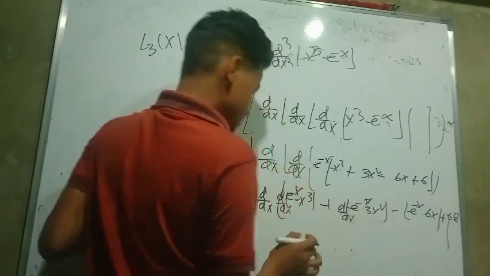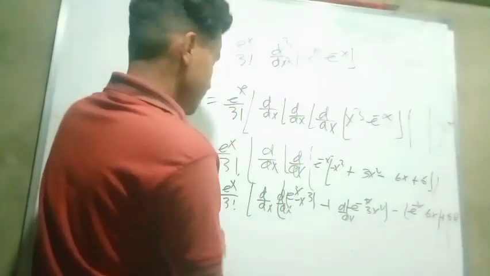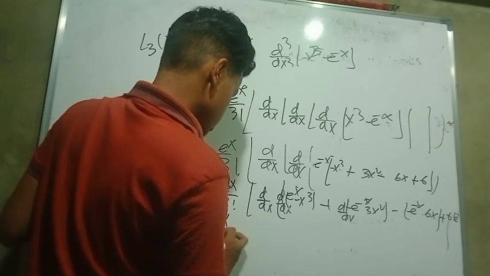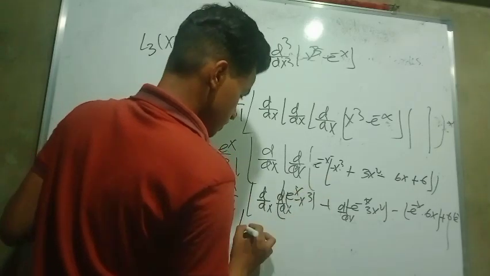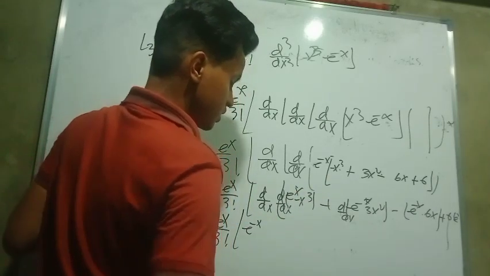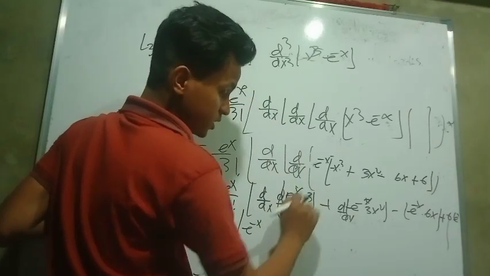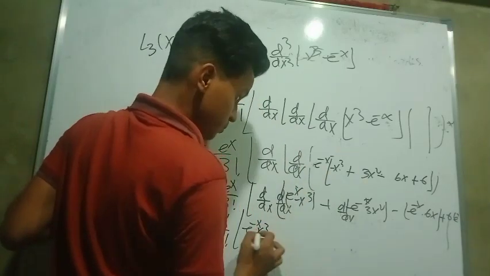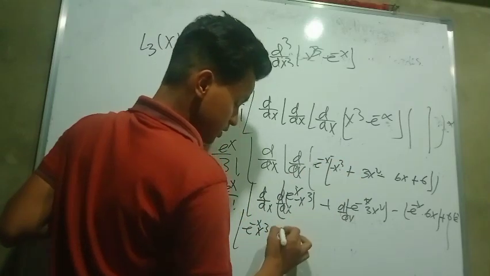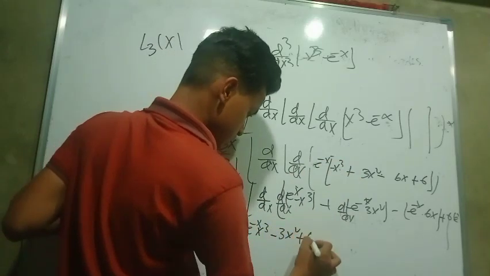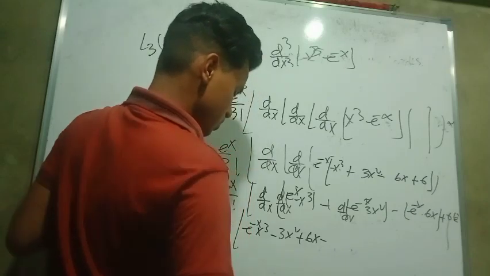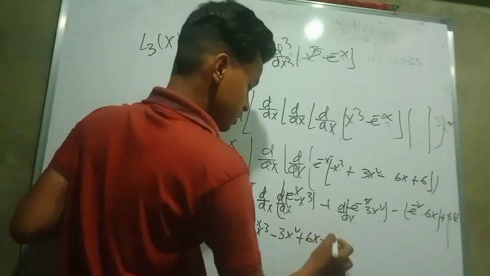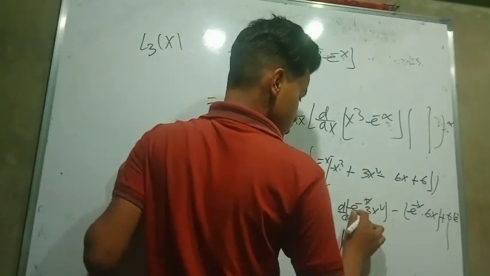This result we have to find. In this way you can find e^x upon 3 factorial. So this result is nothing but e^-x. Be careful, now the sign will be changed. Since it is minus, obviously it will give us e^-x x³. This will be the positive sign. This is minus, this is plus 3x² plus 6x, plus plus minus plus 6. Now it is time to do this.